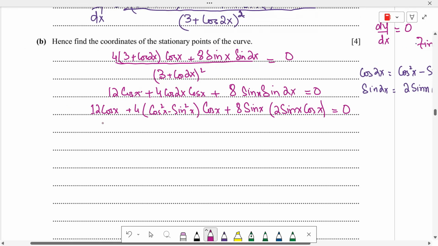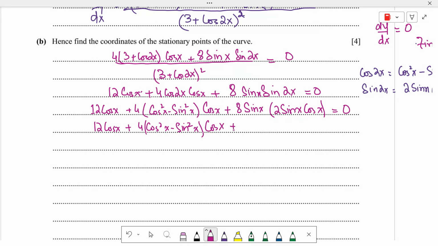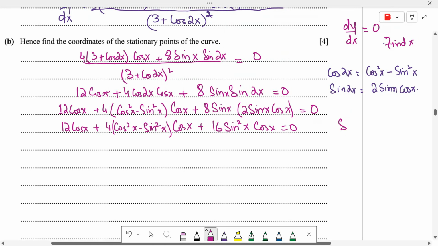When we solve it further, we will have 12 cos x plus 4 (cos squared x minus sin squared x) cos x plus 16 sin squared x cos x equal to 0. And we know that sin squared x is equal to 1 minus cos squared x.